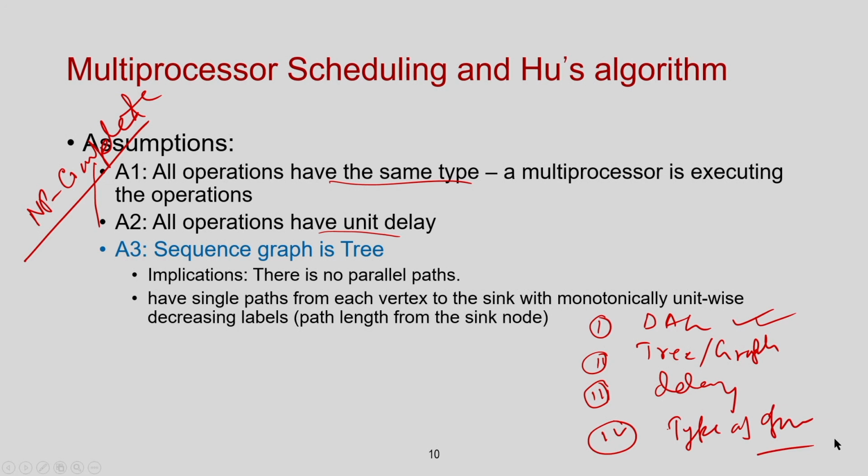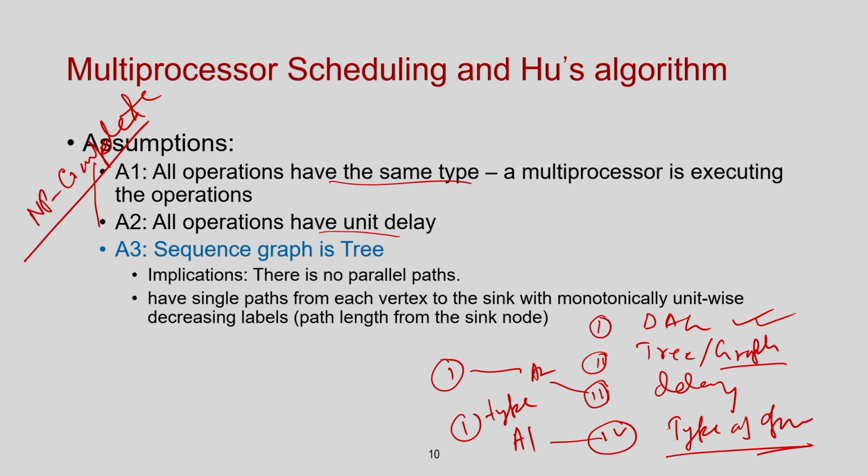So, assumption A1 says that I have only one type of operation. A2 restricts the delay also, so that the delay is 1 for all nodes. But even if these assumptions are taken, if the sequence graph can be a general graph, the problem is still NP complete.